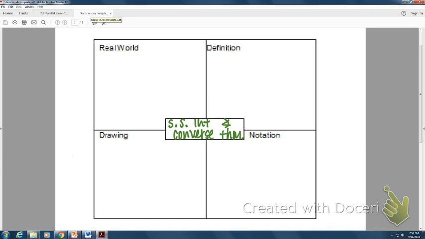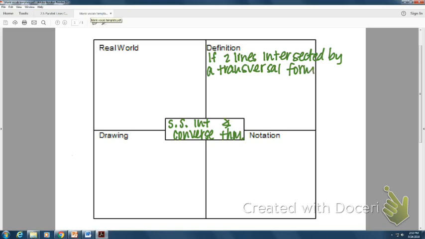If two lines intersected by a transversal form supplementary same side interior angles, then lines are parallel.